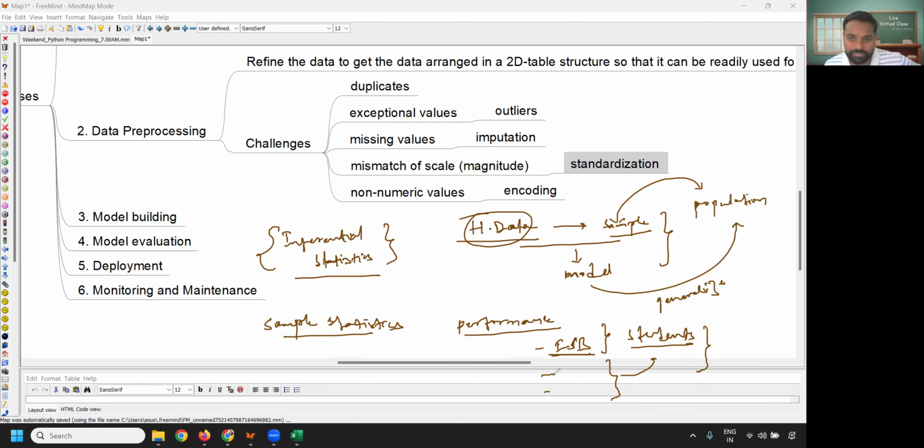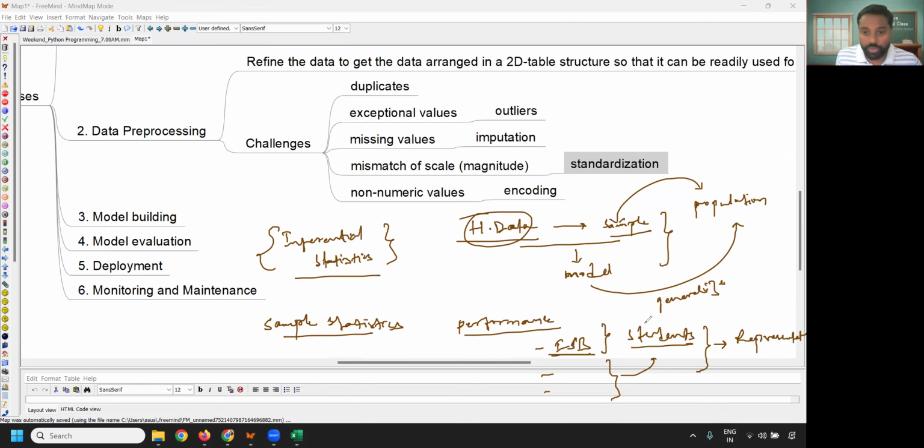No, right? We'll always get a sample because whatever data is available, that is what we take. We cannot try and achieve a feat where we say we want to have every data. Okay, it's not possible. So we will take students' data, which will be representative data for the university.